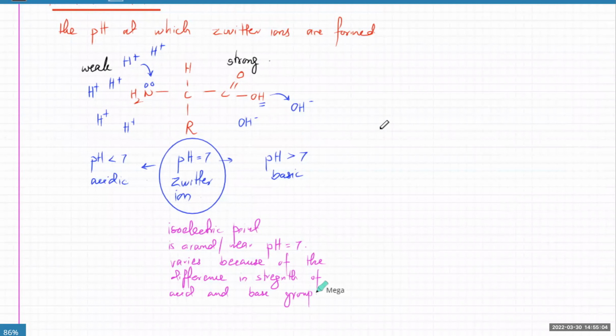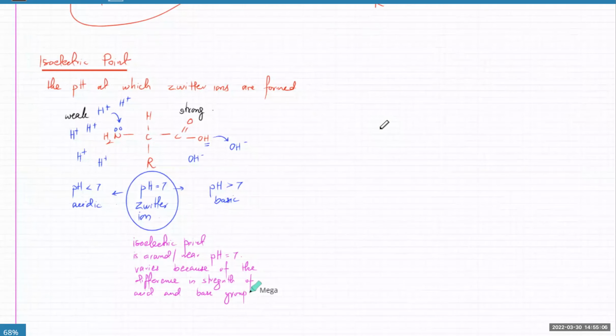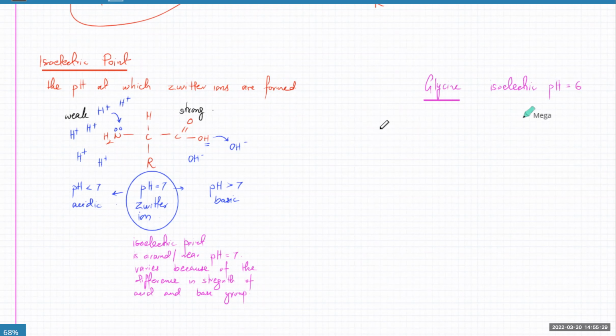So let's talk about glycine. ठीक है, the question would be like this, that glycine has an isoelectric point at pH 6. ठीक है, that's the isoelectric point.